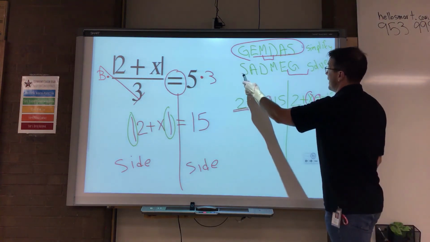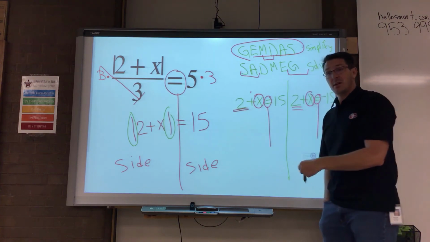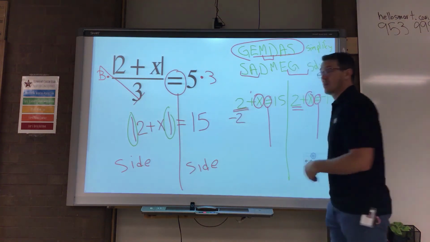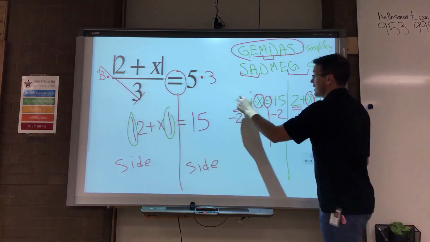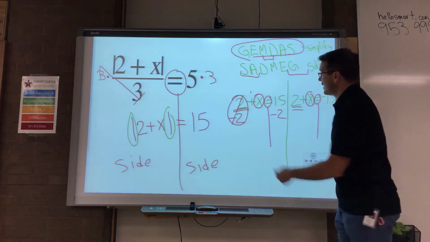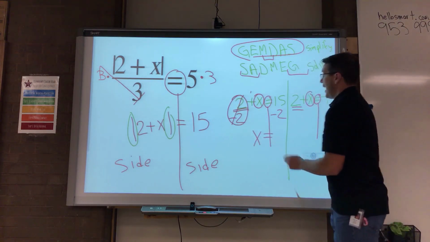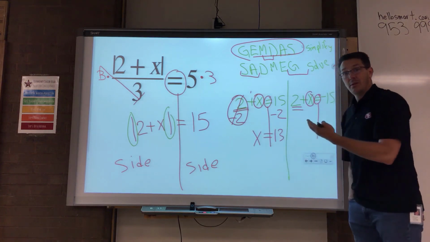Well, according to SADMAG, if I have to get rid of a plus 2, the opposite of plus 2 is subtract 2. So if I subtract 2 from one side, subtraction property of equality says I subtract it from the other side. 2 minus 2 equals 0. That's why I wrote 0, but I don't need to write that down. Drop down the x. And 15 minus 2 is 13. So x can equal 13.